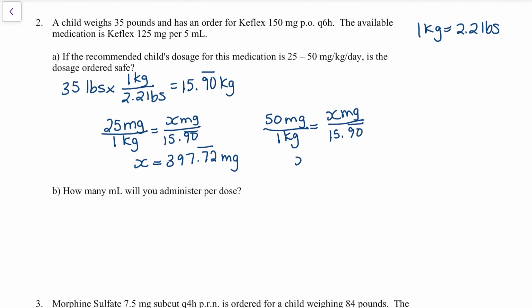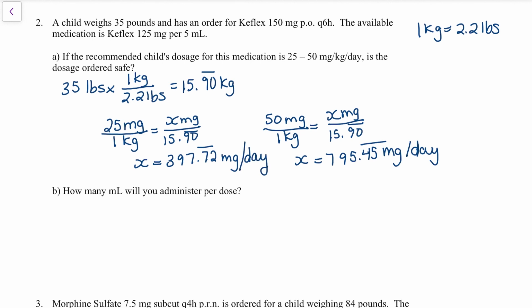I get X equals 795.454545 milligrams, and these are per day.